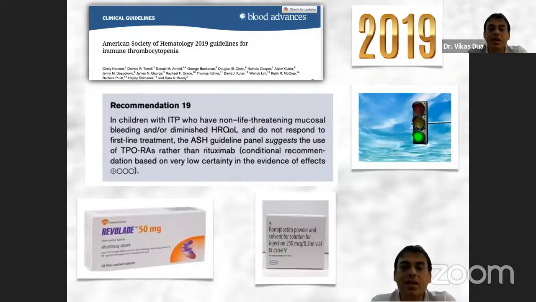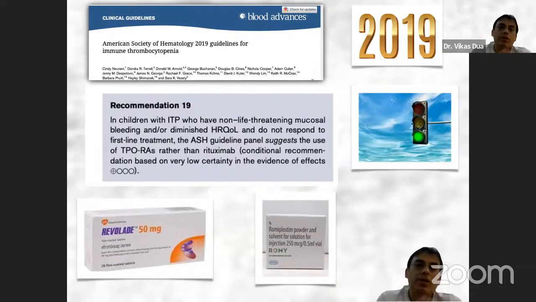So let's say it's a patient of newly diagnosed ITP who has been having frequent mucosal bleeds and is not responding to prednisolone, methylprednisolone, IVIG, you don't have access to anti-D, and you have decided to use a second-line medicine. ASH says it is better to use a TPO agonist, either Revolade, the trade name for eltrombopag, or Romy, the trade name of romiplostim, rather than other medicines like rituximab.